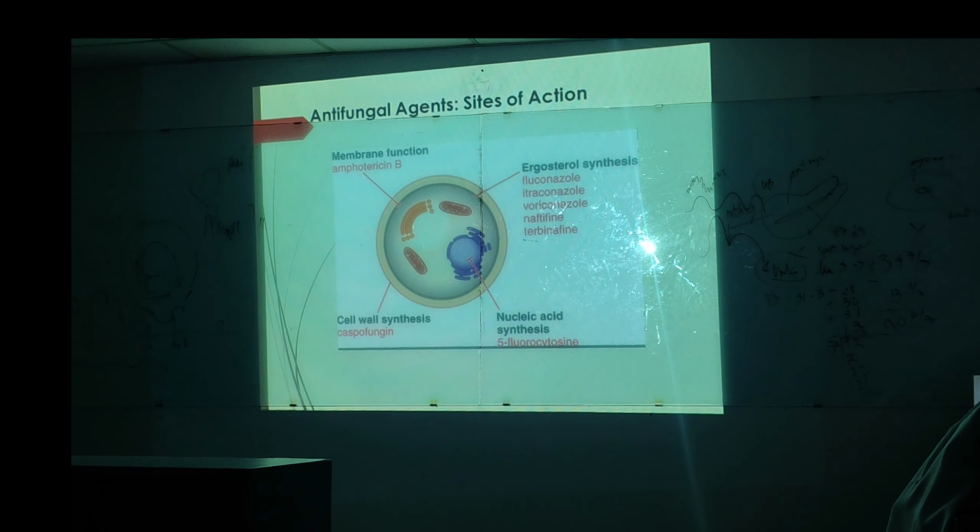So this is another figure including the different drugs. Inhibition of ergosterol synthesis: the azoles, then your terbinafine and naftifine, and then amphotericin B. This will be affecting the membrane function.